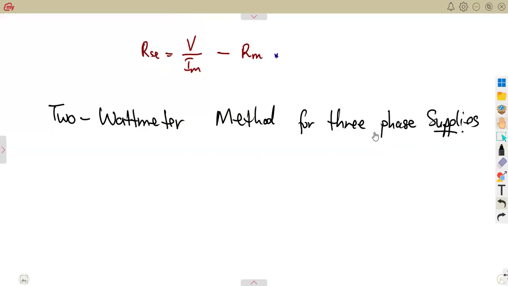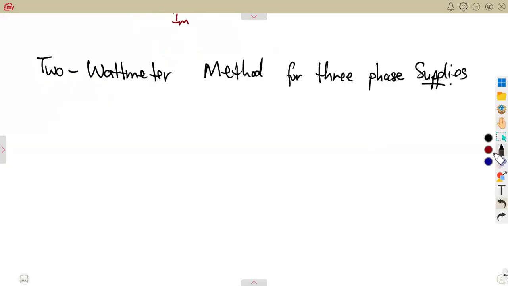So for a 2 wattmeter method, you are going to have the connection of 2 wattmeters as you are given. You're going to have something like this. Remember your wattmeter, so we just have our coils here representing the part of the wattmeter. So these are coils that you are presenting.